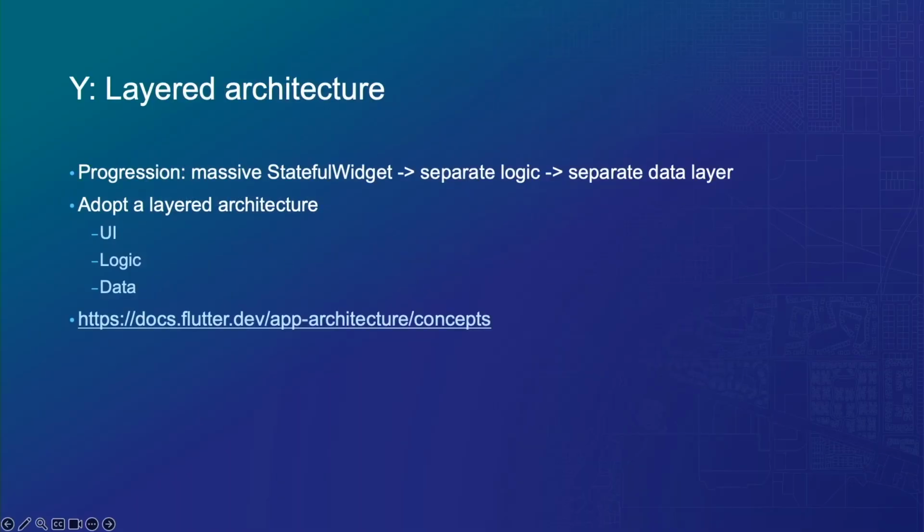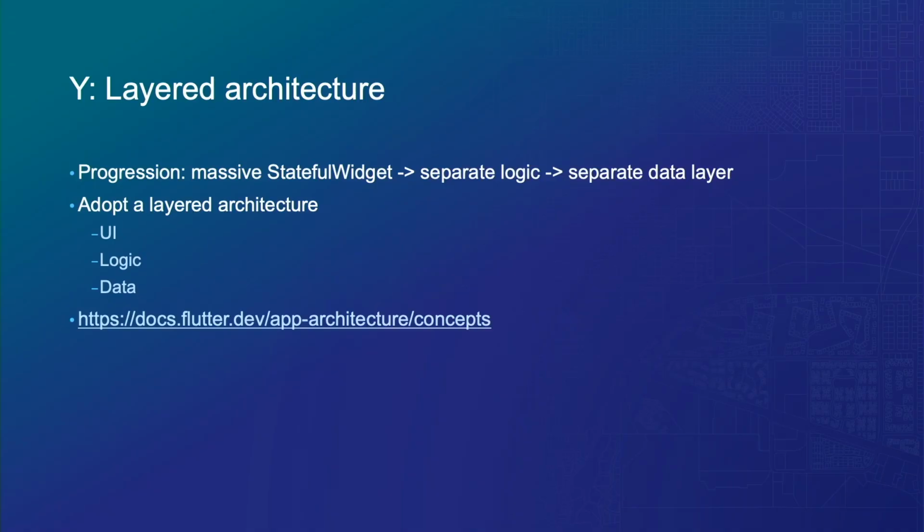All right, so if your widget hierarchy is stretched out along the X dimension, let's call the Y dimension your app's layered architecture. It's a common progression to start with a massive stateful widget that combines your application state, business logic, data access, and user interface code all in one.